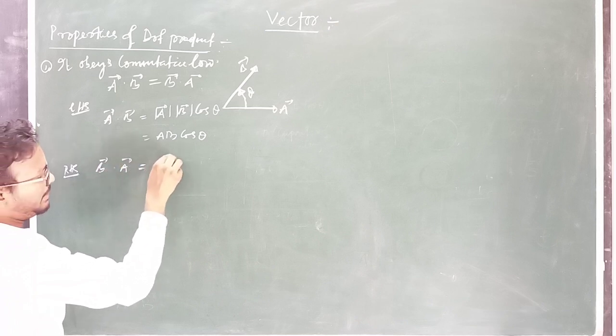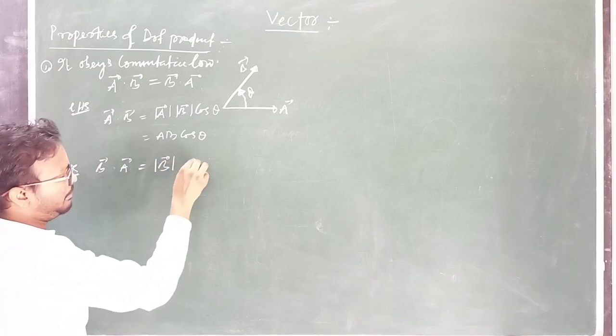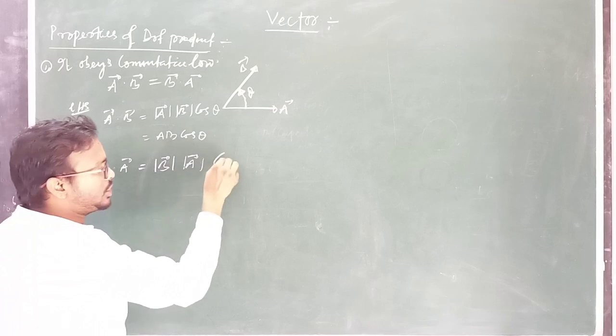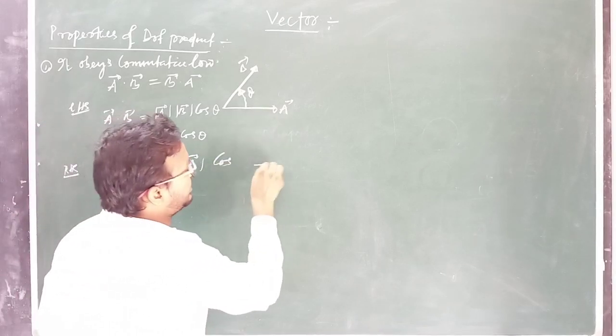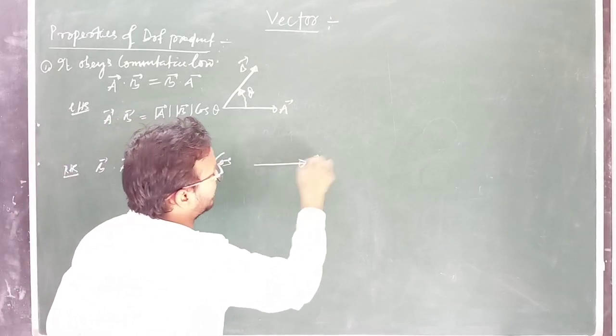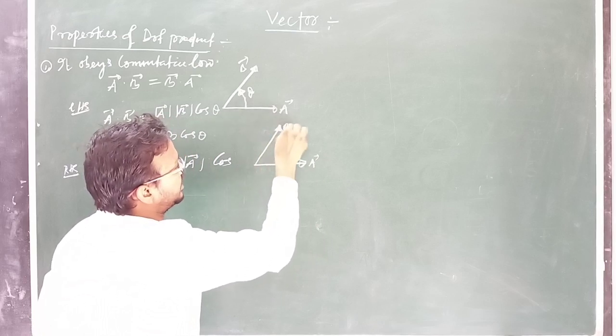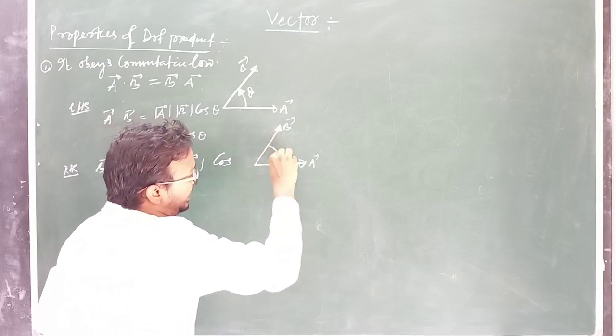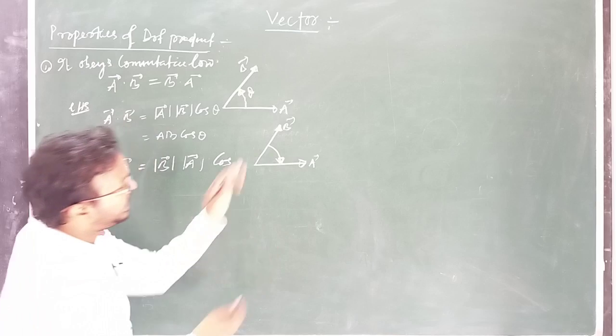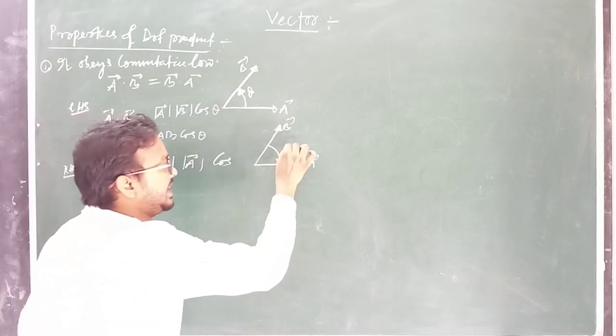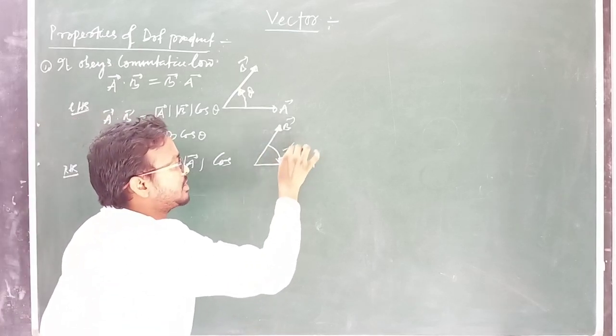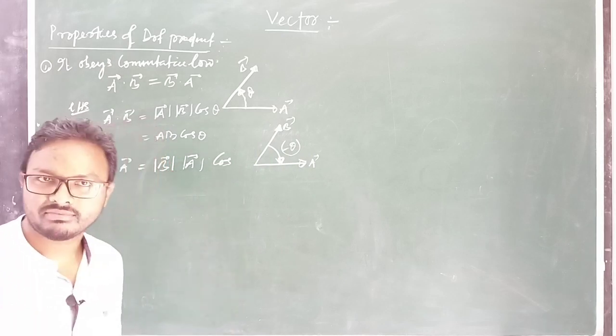That is magnitude of B, magnitude of A into cosine of the angle. B dot A means this vector A and another vector B, but we have to choose the angle; suppose in this direction for B dot A, the angle we can take as minus theta, clear?